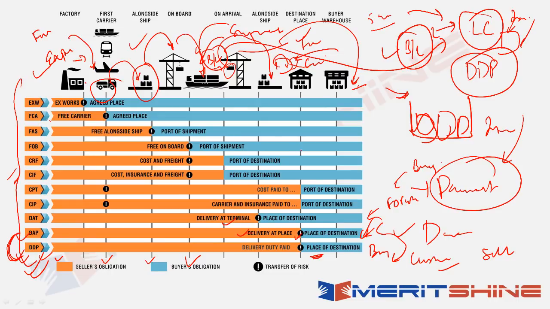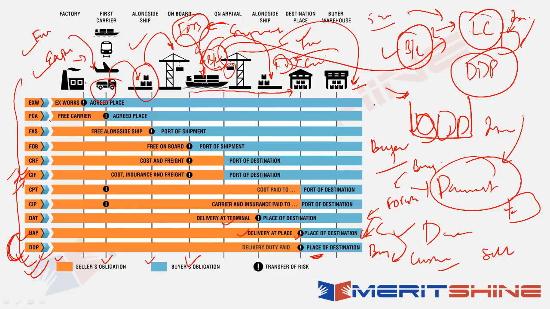Carriage and insurance paid to: once it is put on the ship, everything is paid by the seller. But if it was just free on board, that means the freight, insurance etc. would have been paid by the buyer. So just understand whose risk it is. If I am buying on CIF terms and the container turns out empty here, whose risk would it be? The risk would be the seller's.